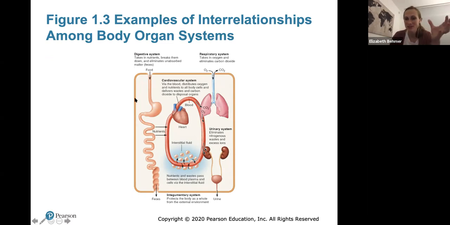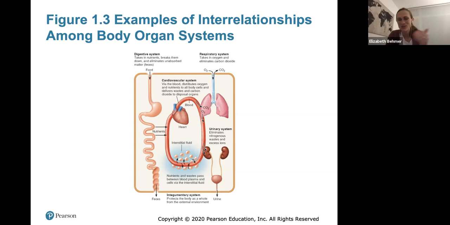So for example, here's our digestive system taking in nutrients, and those nutrients are transported throughout the body using the cardiovascular system. Your cardiovascular system distributes these nutrients. Your cardiovascular system distributes oxygen. It delivers wastes and carbon dioxide to disposal organs.